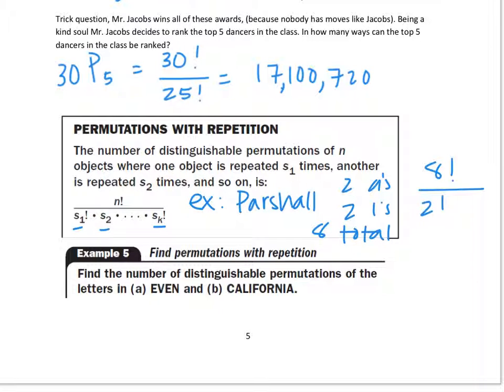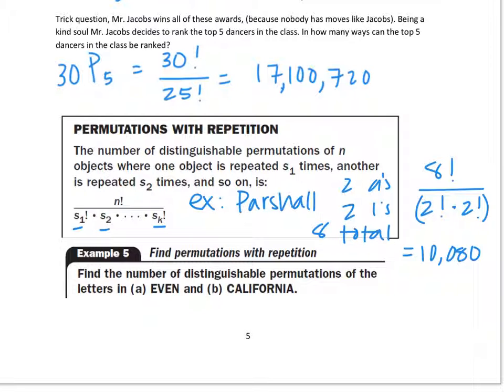So we're going to have 2 factorial for the 2 A's times 2 factorial for the 2 L's. If you're putting this in your calculator, let's get some parentheses on the bottom to make sure everything gets divided right. When we type that in, we get 10,080 different ways you could order these 8 letters, accounting for the fact that some are repeated.